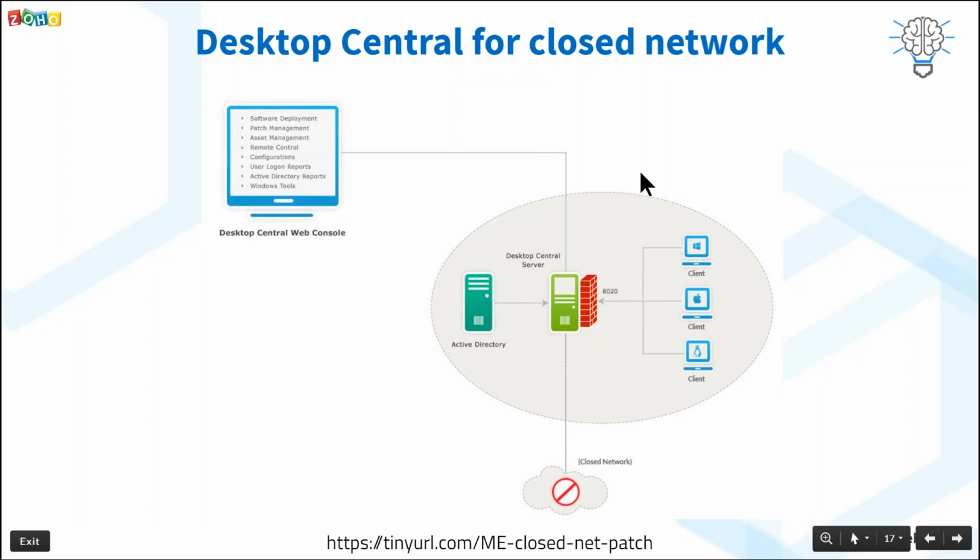In this case, we need to nominate a machine which has an internet connection. Through that machine, we'll be able to download the patches from the vendor site, and copy and share those files to the server machine. In this way, you'll still be able to manage the machines which are part of a closed network.